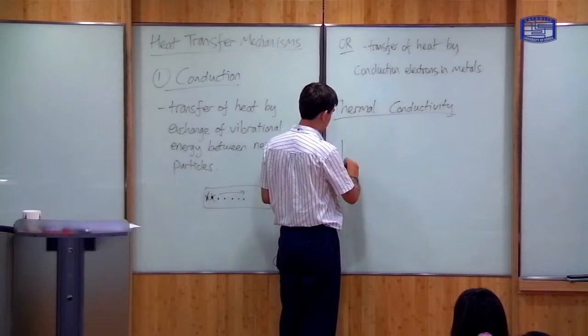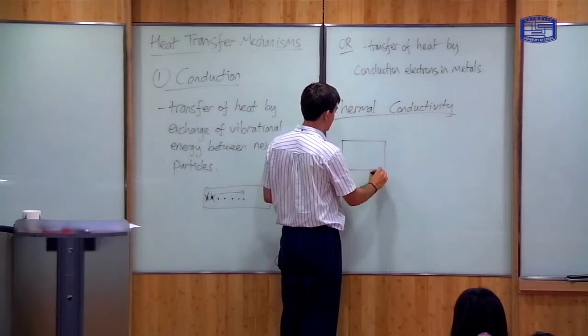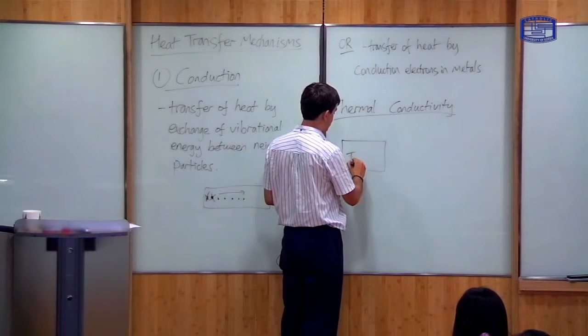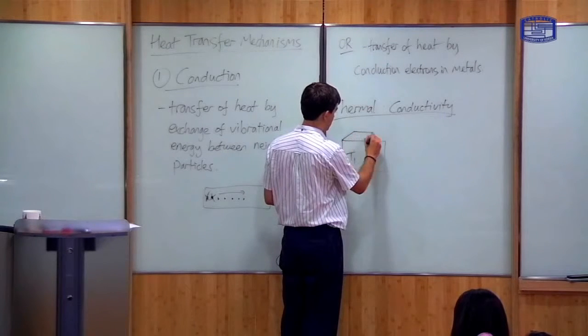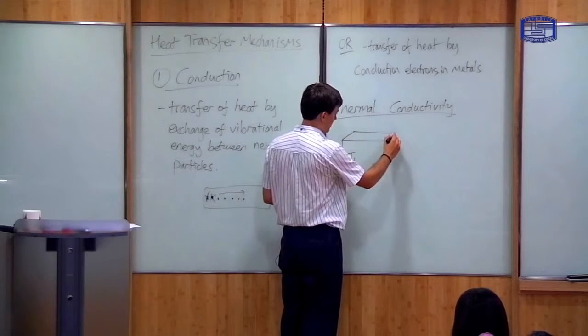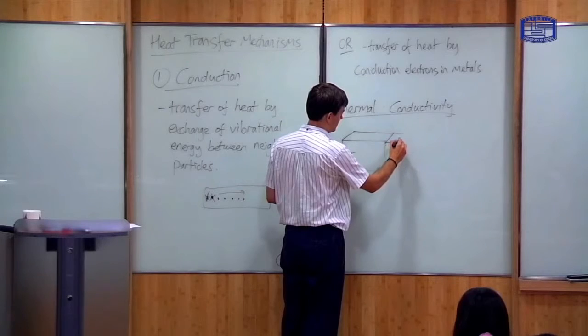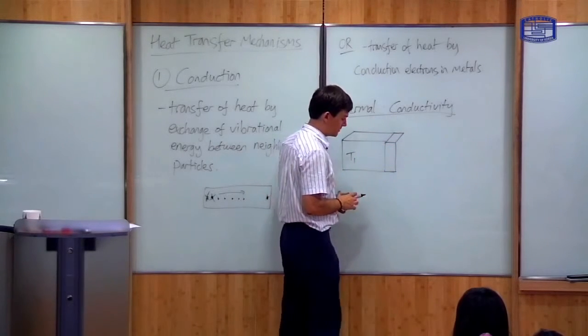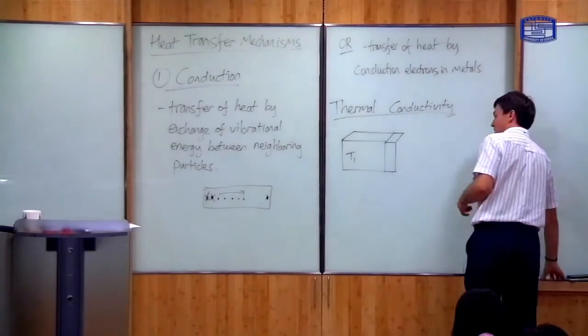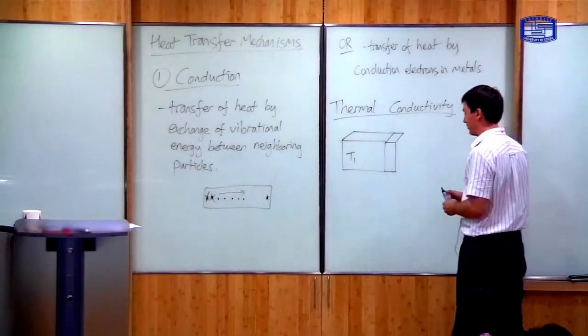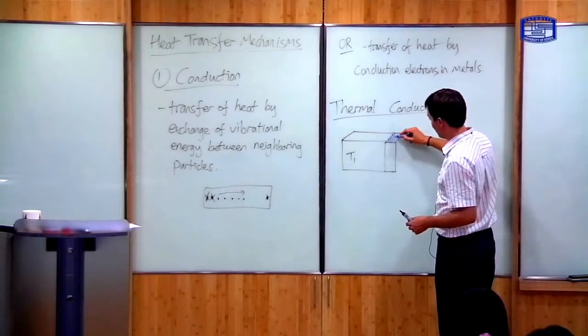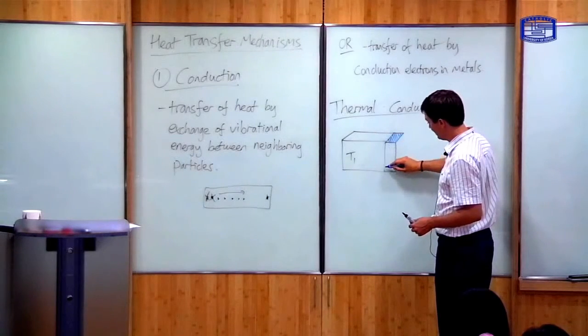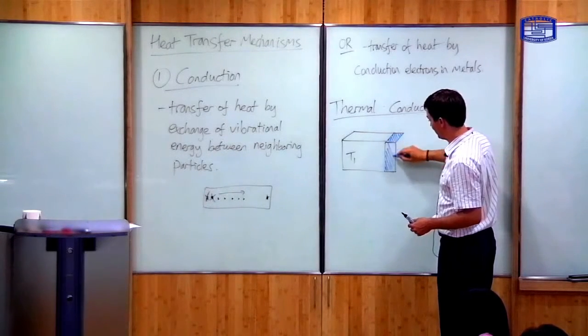So the setup is the following. Suppose I've got a block of something, a reservoir, which is held at a constant temperature T1. I then connect it to a slab of my conducting material, which may be a metal, or it may be a block of stone, or it may be a box containing a gas. Whatever, it doesn't matter.